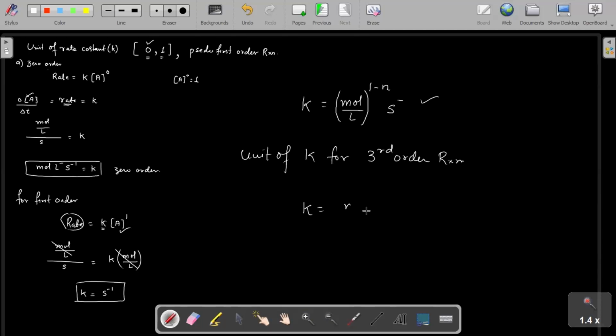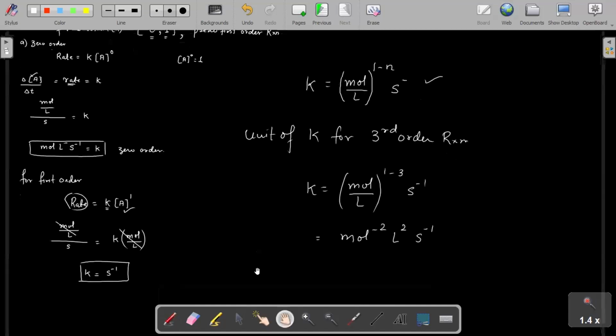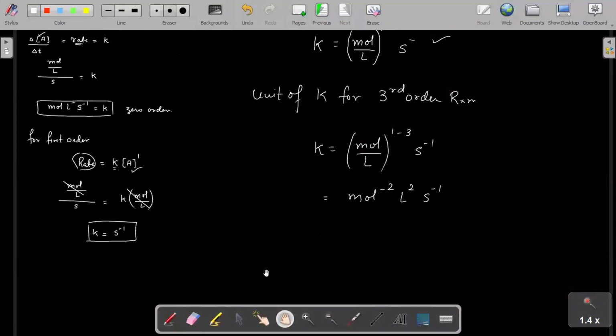K is equal to (moles per liter)^(1 minus 3) second inverse. This will give me moles per liter square second. So this is how we get the unit of K for a third order reaction.